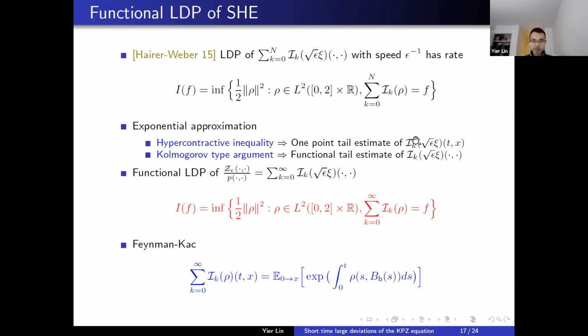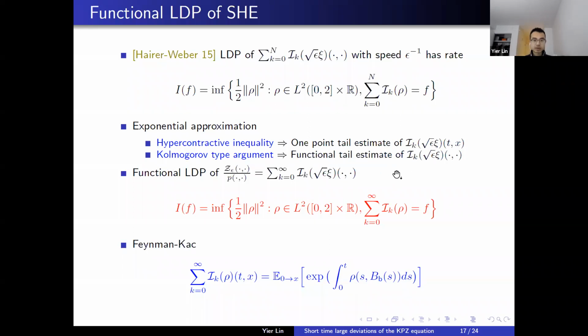First, how many folds your stochastic integral has, so this number k. The other thing is what is the variance, what is the second moment of this I_k. Okay, so basically you can get a one-point tail estimate for the stochastic integral, and now you need to apply a certain Kolmogorov type of argument, which lifts the one-point estimate to the functional tail estimate.